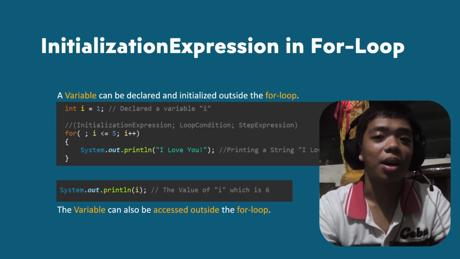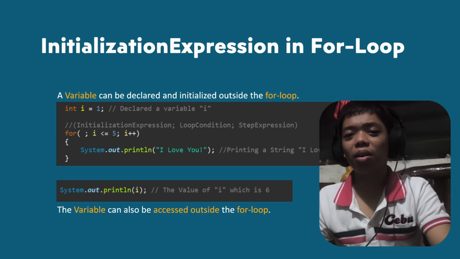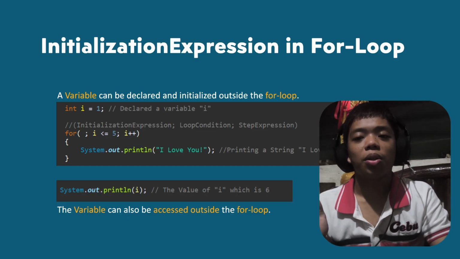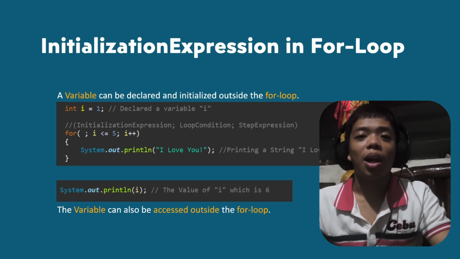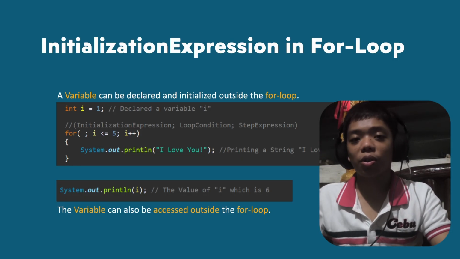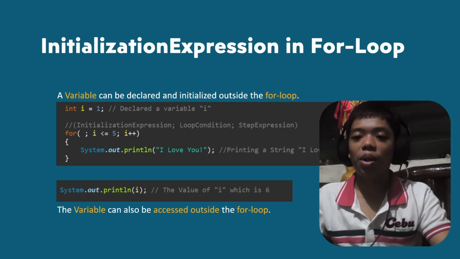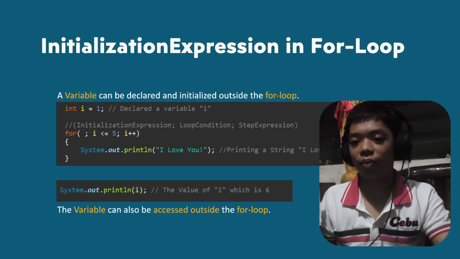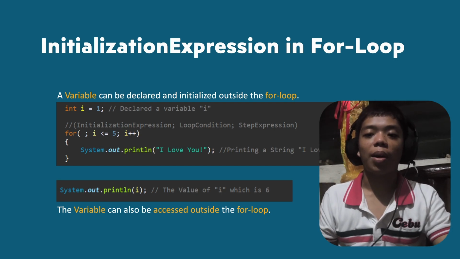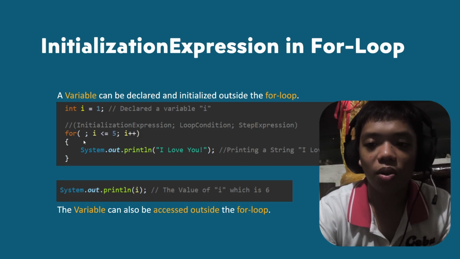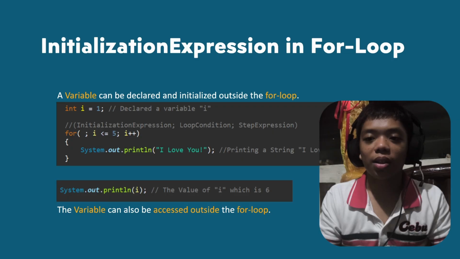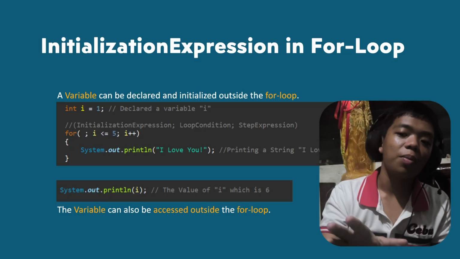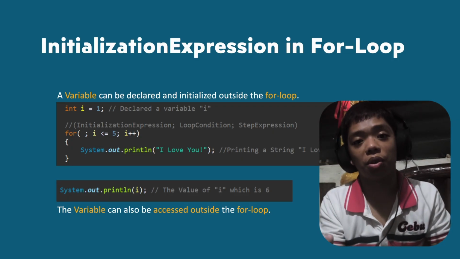Now here's another example that is very close to the while loop structure, where we declare and initialize our variable outside of the for loop. But in order to use this with a for loop, we can just make the first part of the for loop empty, leaving only the semicolon, which tells our program that it is a separation of the variable and the loop condition.